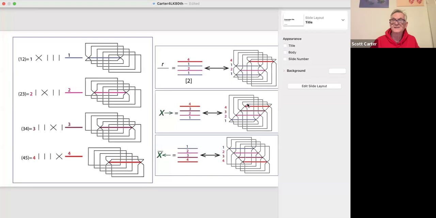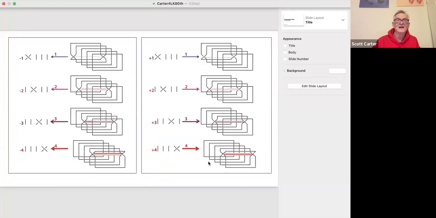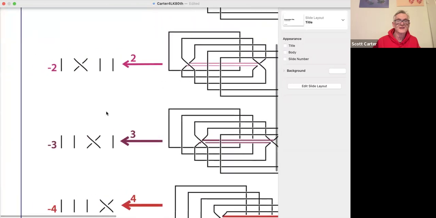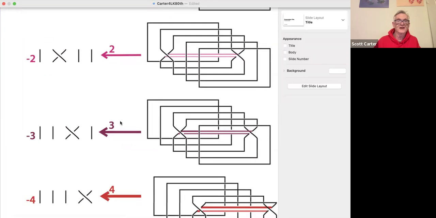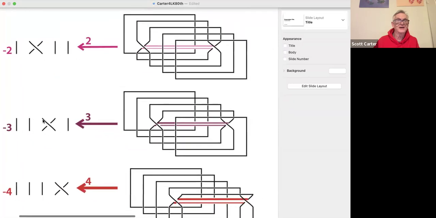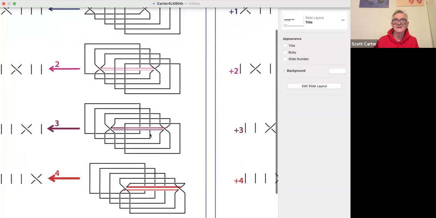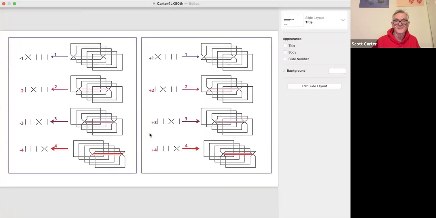And then my rotation is going to look like this. The negative rotation is going to be going in the opposite direction. And I just want to remind you that I can lift things to braids just by calling this thing -3 and then putting that in as a broken surface diagram.